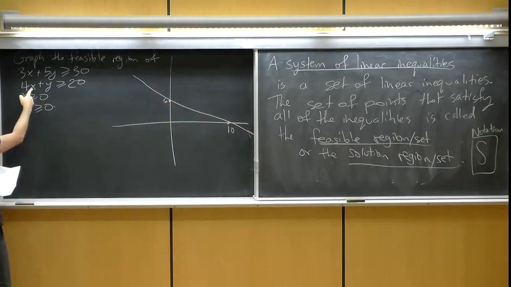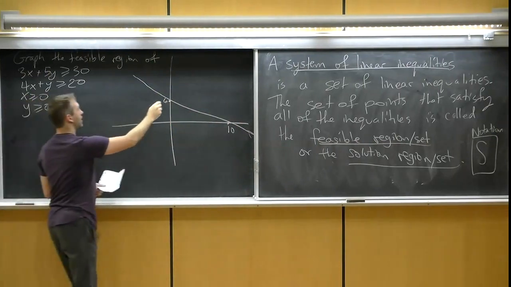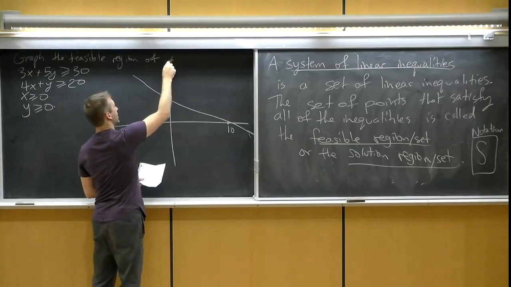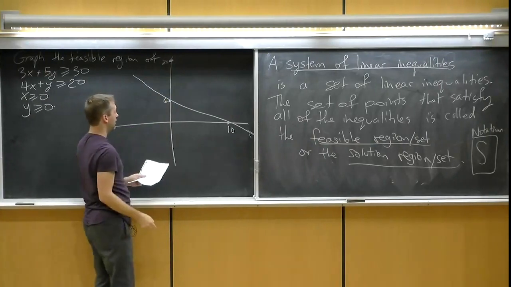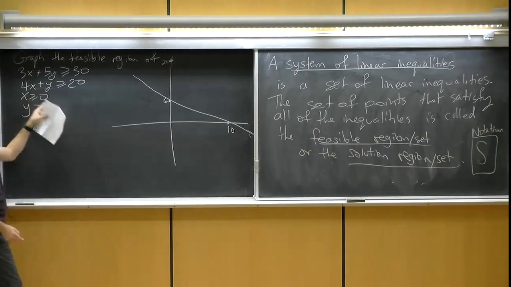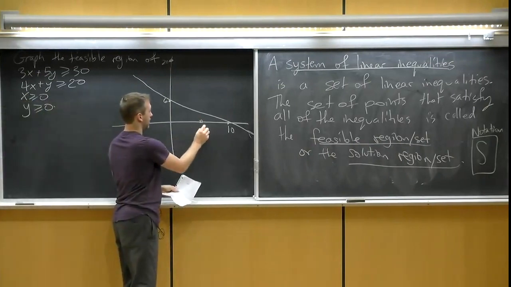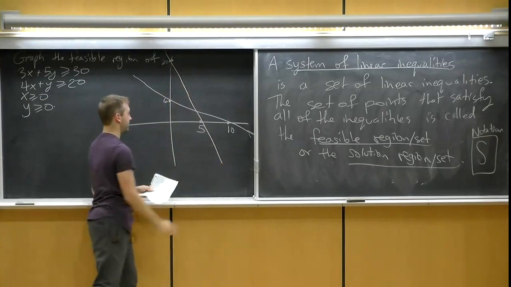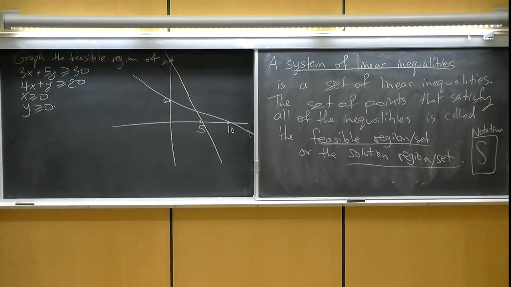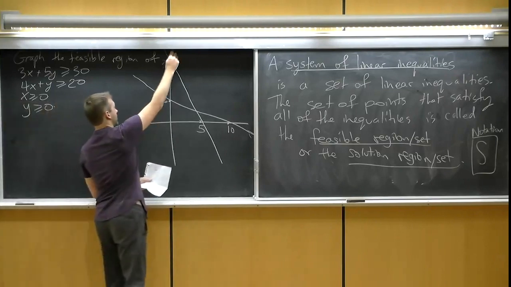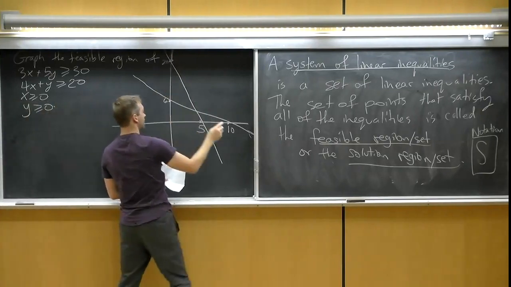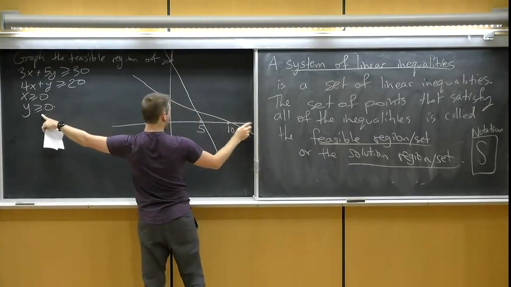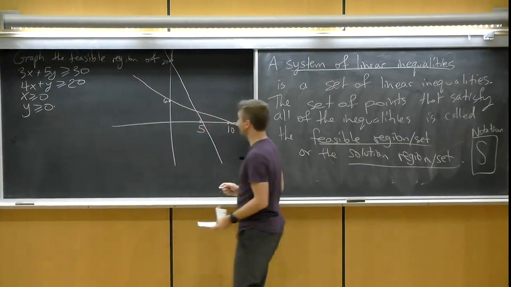For the other line, when x is 0, y would be 20. It's up here, let's say. And when y is 0, x is 5. Okay. And then this line is just the axis here, the y-axis. And this one is just the x-axis.